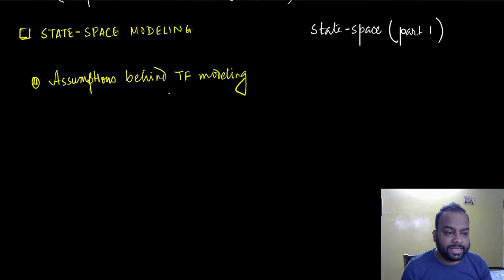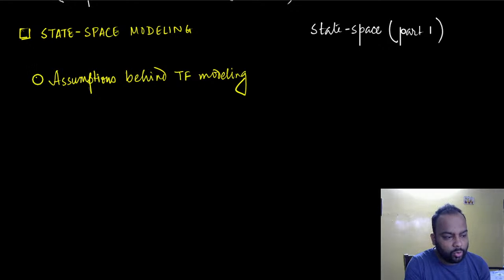Someone is asking, won't we be doing Bode plot and Nyquist theorem? No, we shall be doing Bode plot and Nyquist theorem after we complete state space analysis. We shall go back to transfer functions. I already gave you the precursor of Bode plots in signals and systems.